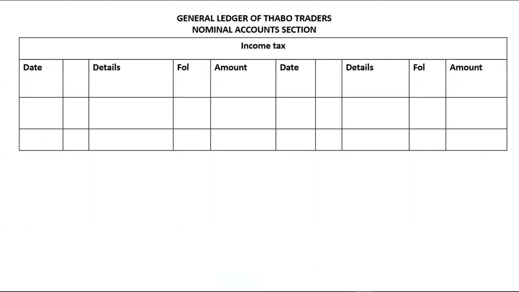And then you get to your nominal accounts section, your income tax account. Please note that this is an expense account. Since it's an expense account, it increases on the debit side and it decreases on the credit side. This is, as I've said, an expense account.